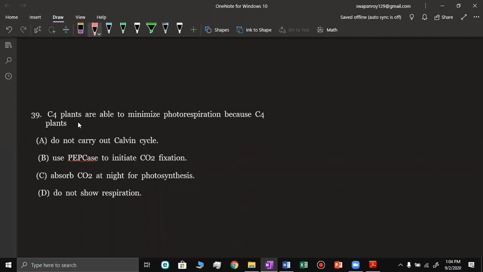But why have the C4 plants minimized photorespiration? Because in C4 plants there is an additional cycle, the Hatch and Slack cycle, and in that the PEP carboxylase initiates carbon dioxide fixation.